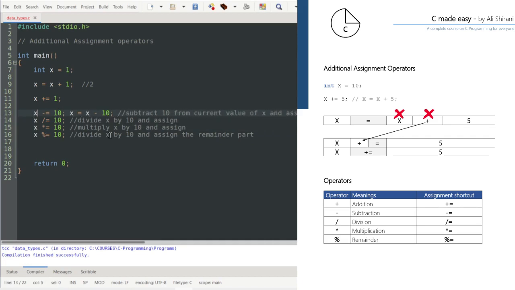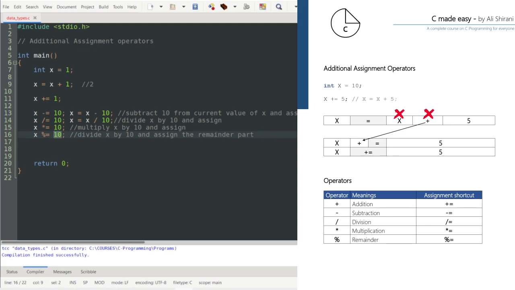We just summarize it like this, condensed it in a shortened form. This one is equal to X is equal to X divided by 10, for example. And the same here, remainder. So what happens is X is divided by 10, and whatsoever the remainder is, it is assigned back to X.